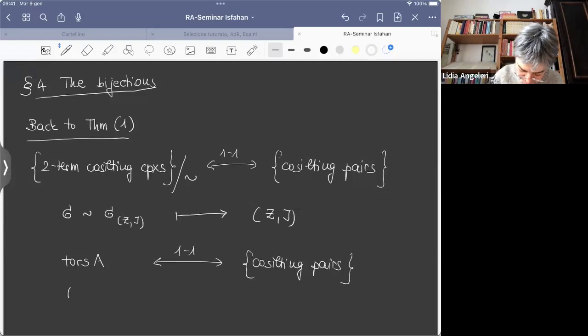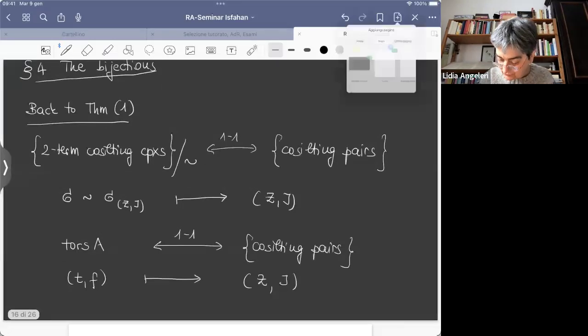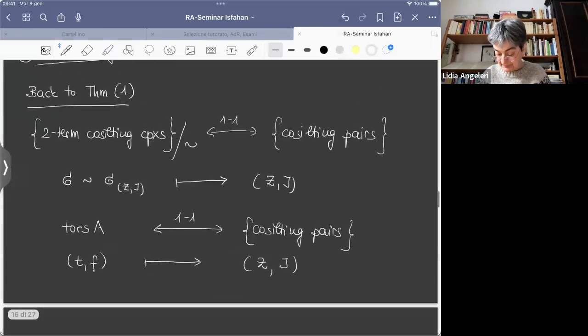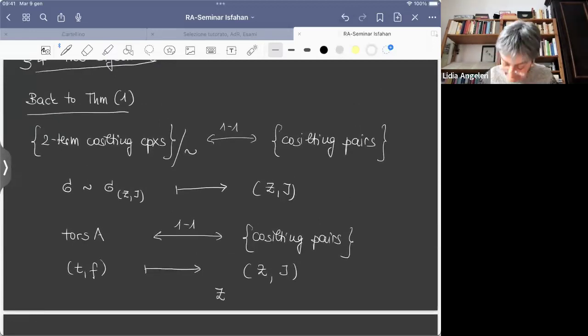Which goes as follows. You start with a torsion pair (T, F), and you assign to it the pair (Z, I), where in fact I have only to tell you who Z is, because I is then determined by Z. And what is I? They are just the injectives that are homorthogonal to Z, so they are determined by Z. And Z, how do I construct it? I take the Ext-injectives in a torsion-free class, which is formed by taking the direct limit closure of the torsion-free class we started with.